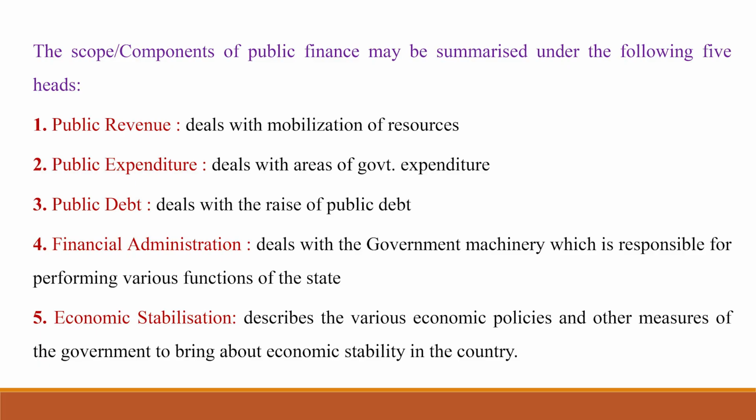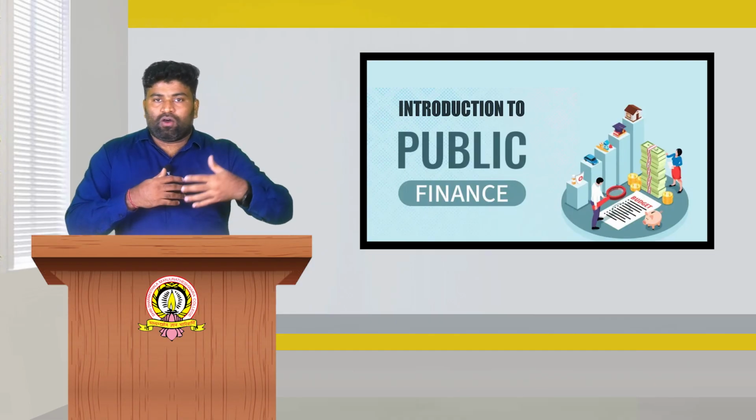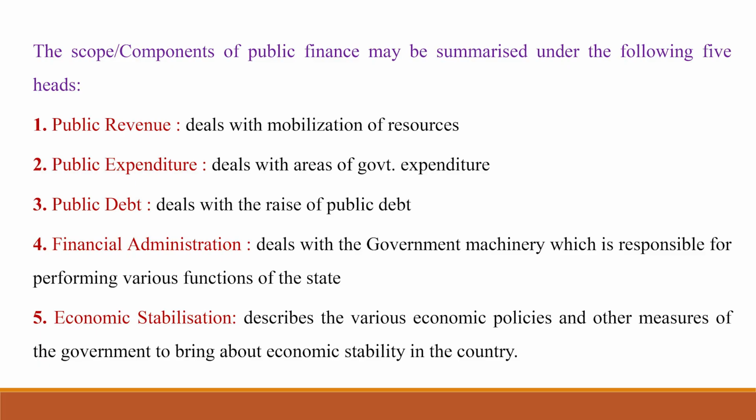And the fourth one is financial administration. It deals with the government machinery which is responsible for performing various functions of the state. It means how best government should perform for achieving all the set goals. And the fifth one, economic stabilization. It is a very important factor.